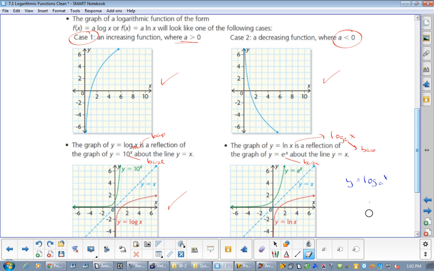If I did y equals a to the x, those will be my mirrors. These will be a reflection on y equals x. That might be what you're asking right now. I'm going to get into how to manipulate these tomorrow. I started with that to say, hey, this is going to be cool how we'll be able to find exponents from now on, just to show you why we're doing it. Today, all we're doing is learning the graphs. Okay?